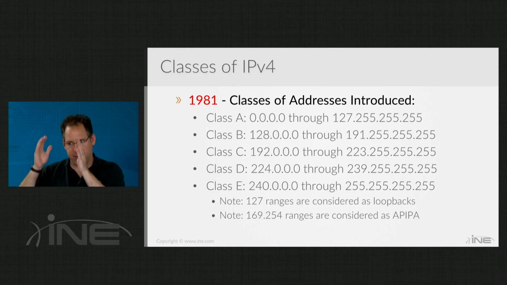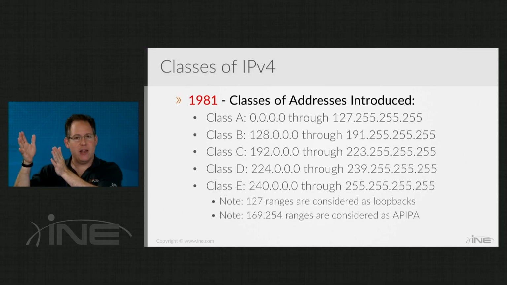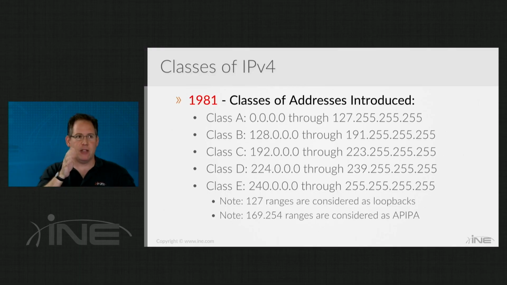A Class A address meant that the first 8 bits represent the network. The remaining 24 bits were for the host. So that was a Class A, just like in the beginning when it was first invented in the late 1960s. But then they said, okay, we'll also have a Class B address.